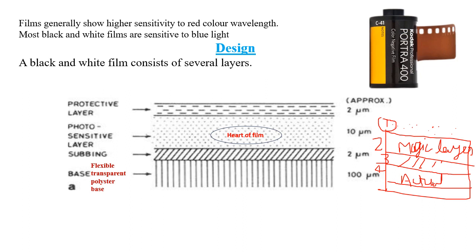Here we can see this diagram, and the lowermost fifth layer, which is anti-static layer on the back side, and actual film, this fourth layer, which is made up of cellulose triacetate.